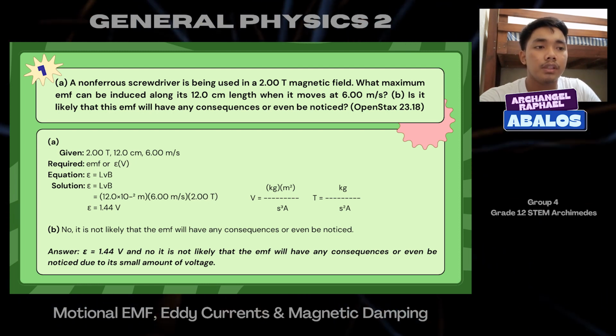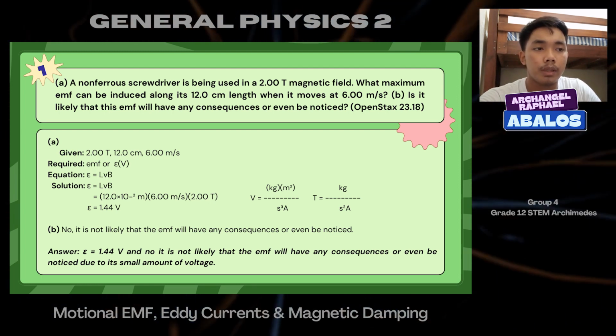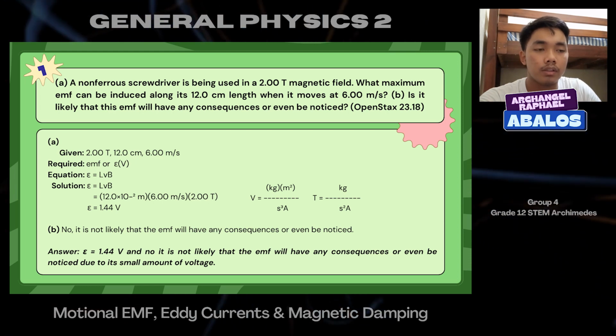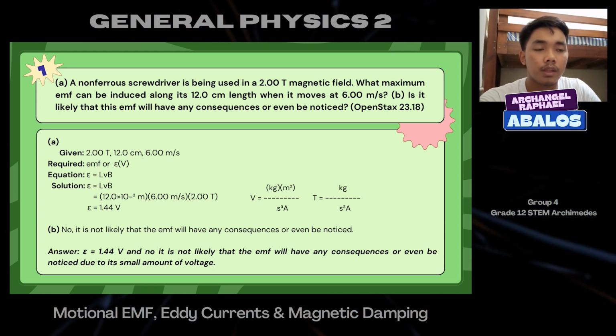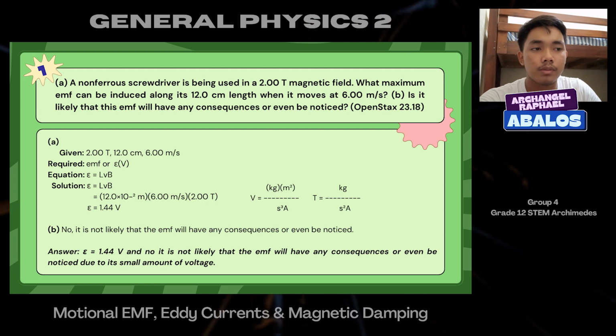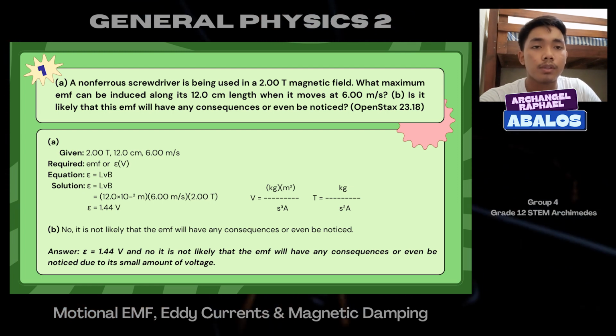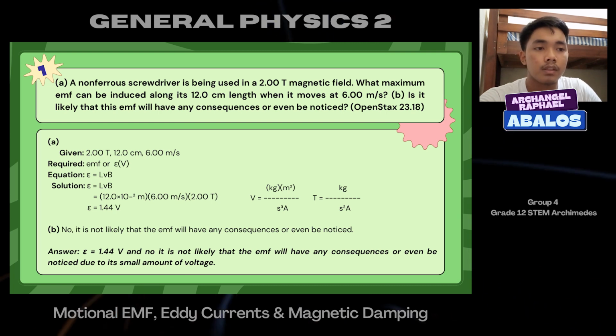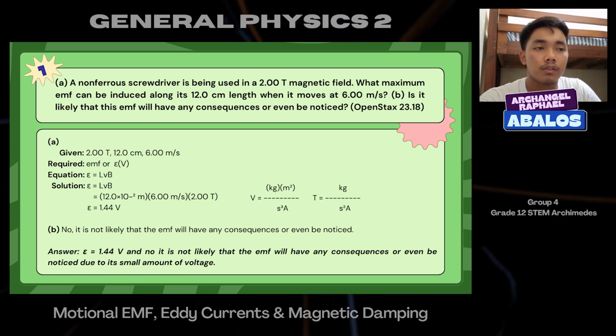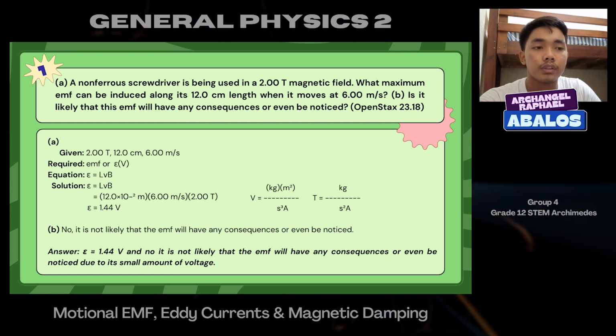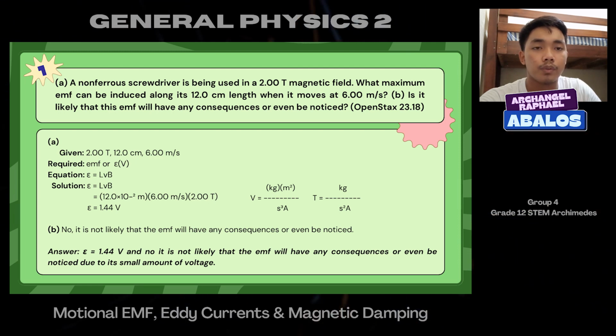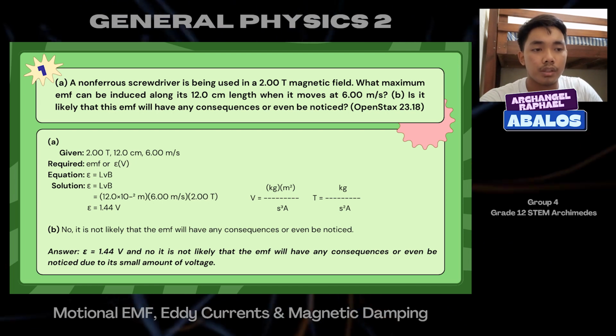The solution will be L multiplied by V multiplied by B. This will result in 12 times 10 raised to negative 2 meters multiplied by 6 meters per second multiplied by 2 Tesla. This will result in a voltage of 1.44. Therefore, the 1.44 volts is the maximum EMF that can be induced in the object.